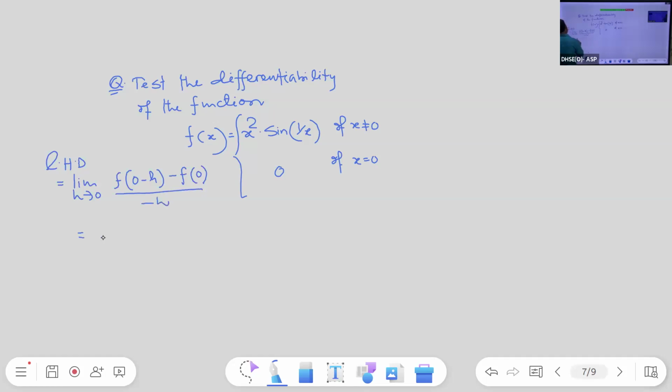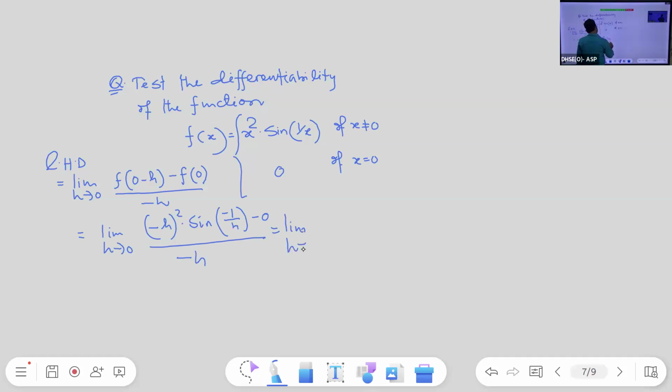This is equal to limit h tending towards 0, f of minus h will be minus h whole square into sine of minus 1 by h, minus f of 0 which is 0, upon minus h.